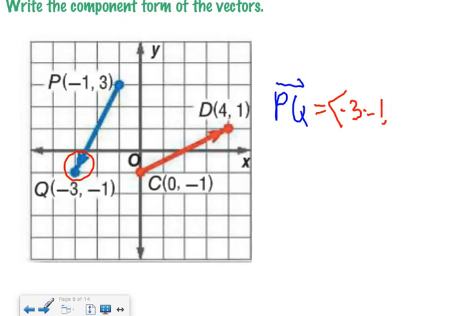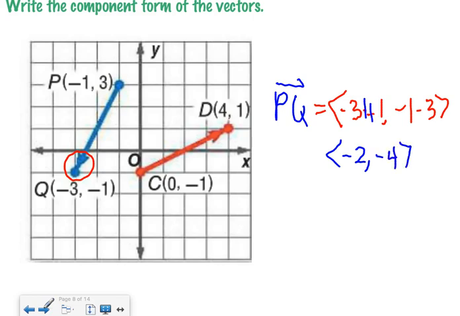And then what would our y be, guys? -1 minus 3. So it's plus, and now we just simplify. What is negative 3 minus negative 1? Negative 2. What's negative 1 minus 3? Negative 4.